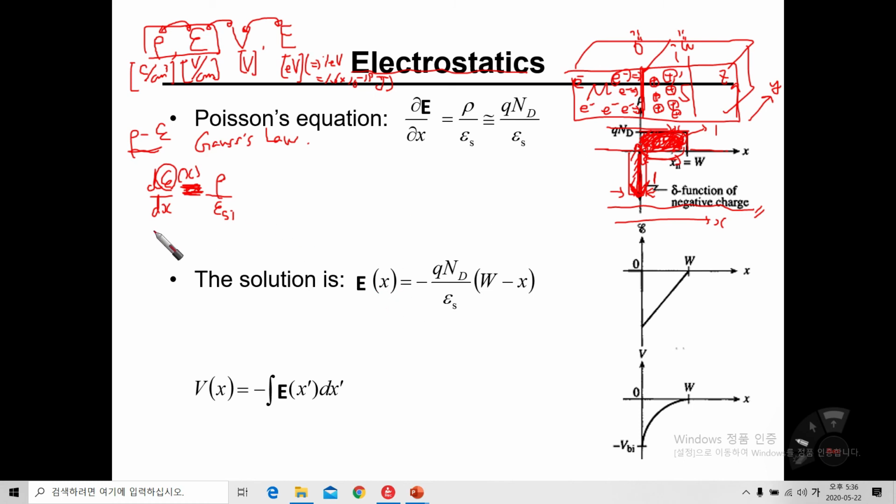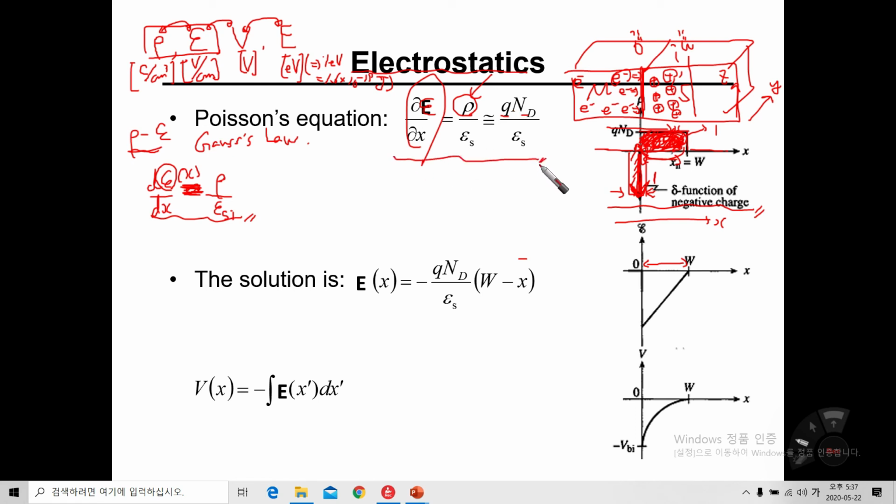Now let's solve this first order differential equation. In this depletion region, rho has been defined as Q times n sub d. So just plug Q times nd into rho. So dE/dx is equal to Q times nd over epsilon silicon.